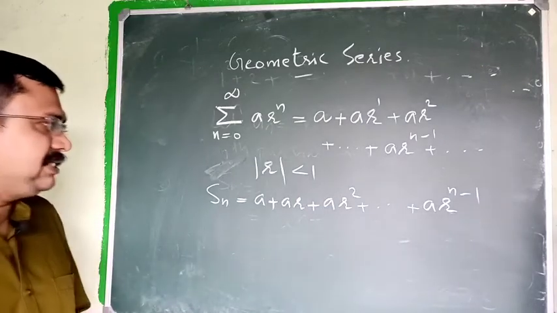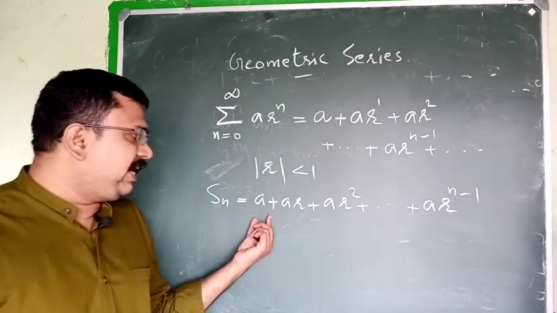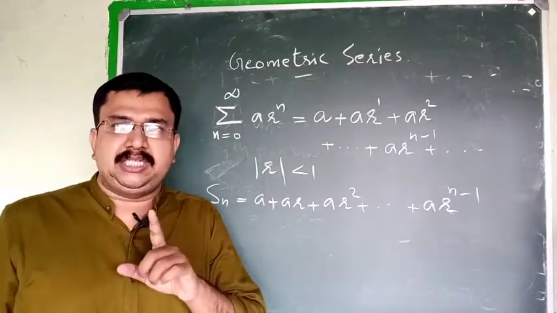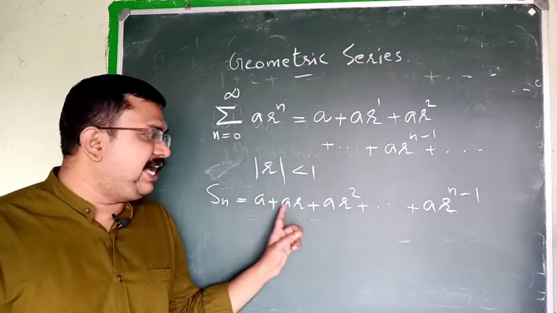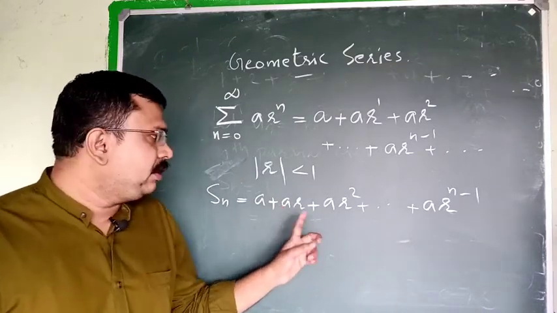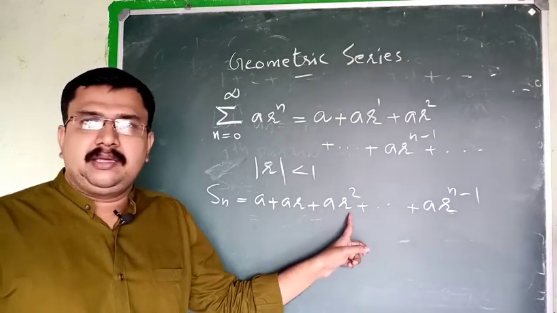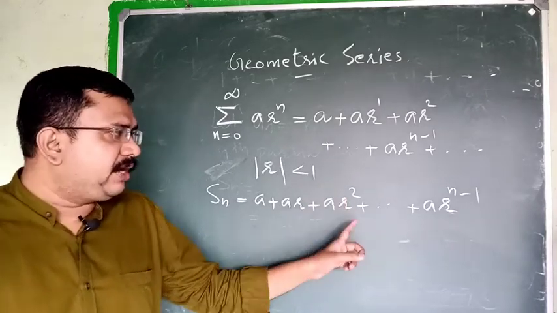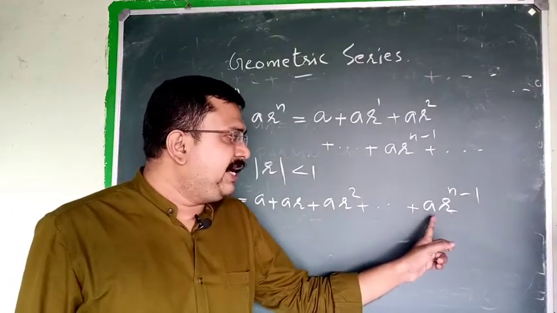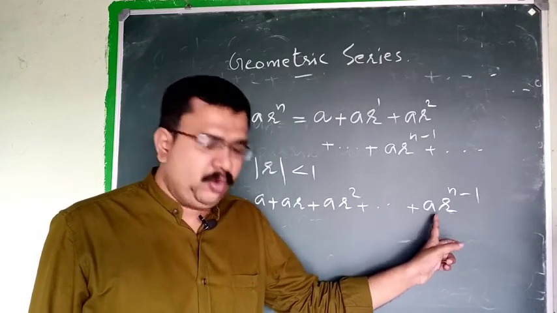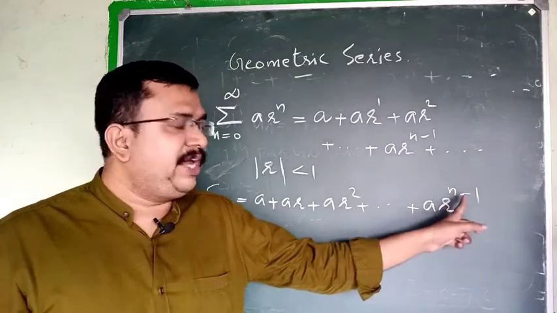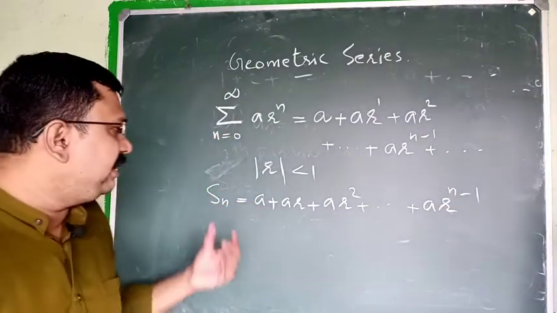The first term is a, the common ratio is r, therefore the second term is a into r, the third term is a r square, plus etc., and the nth term is a into r raised to n minus 1. That is our Sn.